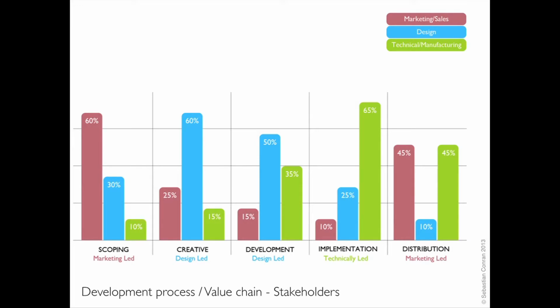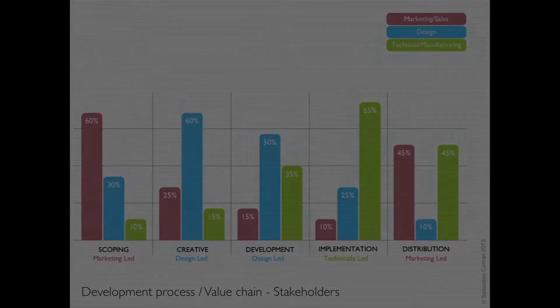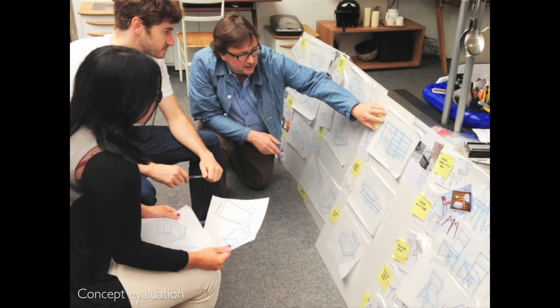Because no product designed by man can't be designed better. That's why we need female designers, and there's hardly any of them. But the different stages are led by different stakeholders, and this is an important thing to observe. So collaboration is very important.